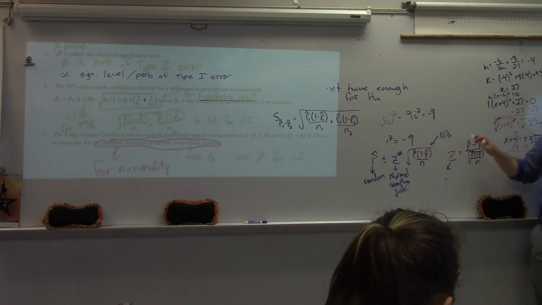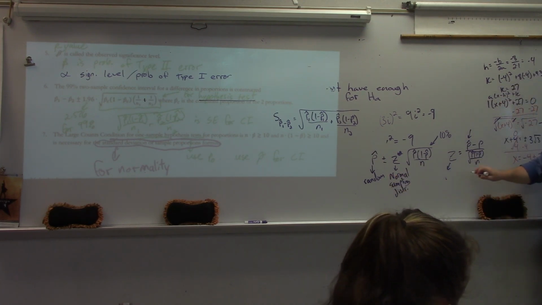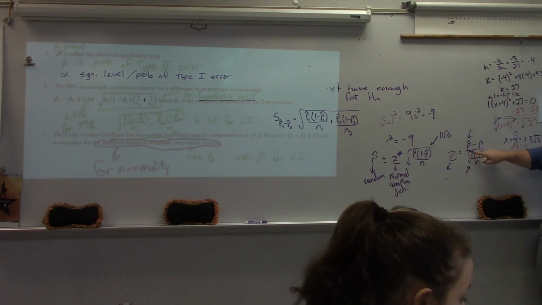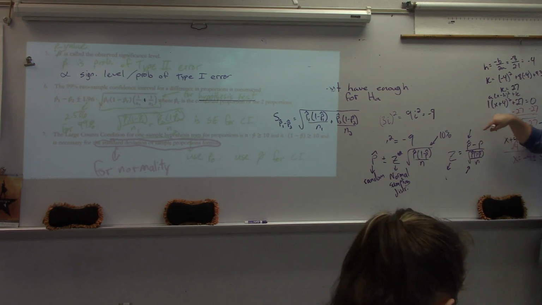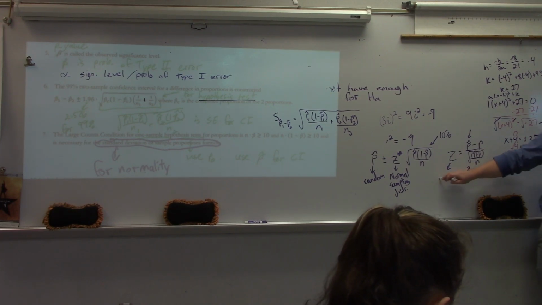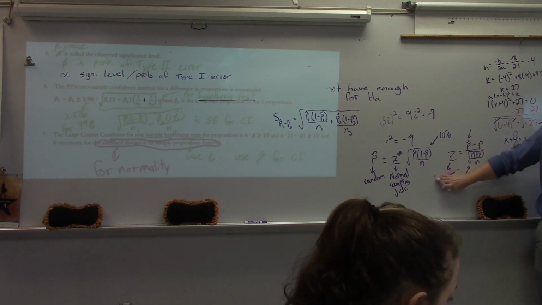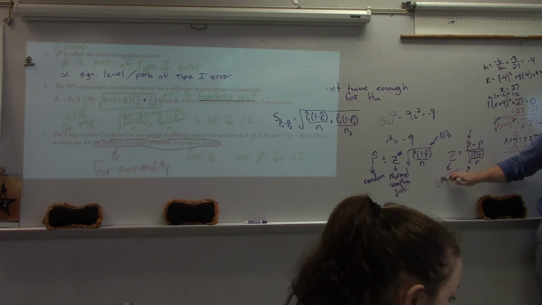To have a decent p-hat, I have to have randomization. To use this formula, actually, there's something wrong with it. You're using p-hats. Right. If I'm doing a hypothesis test, don't I have a hypothesized p? So I would use p there. But then again, 10%. So those conditions tie directly into this formula.